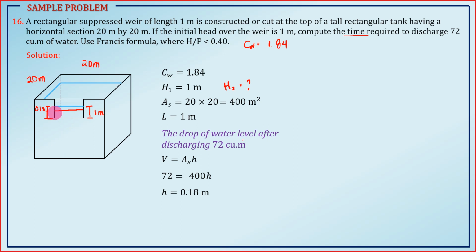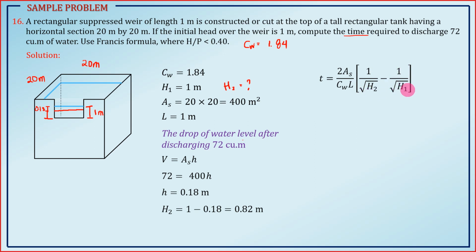So, you have to solve for this distance. Paano naman yun isa-solve? Using this initial head na 1 meter, minus mo lang yung binaba. So, 1 minus 0.18, that is H2 na 0.82 meters.